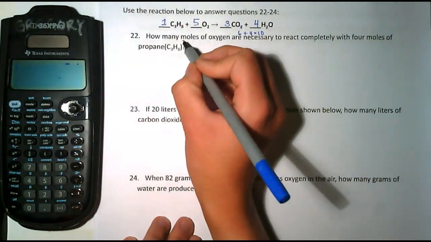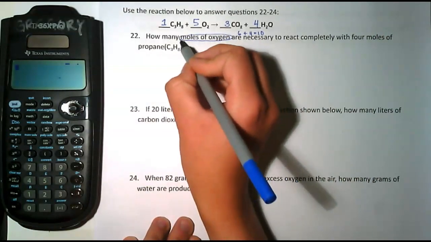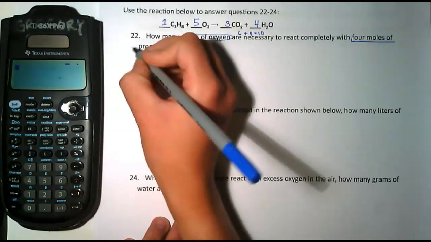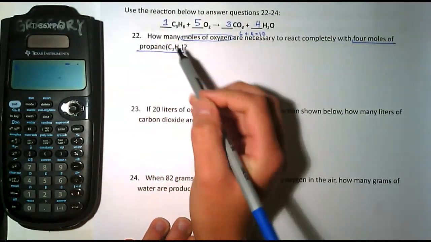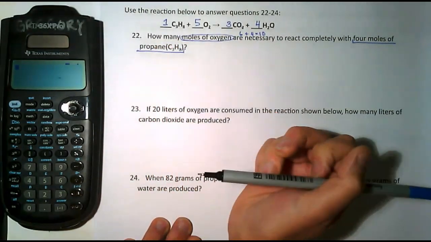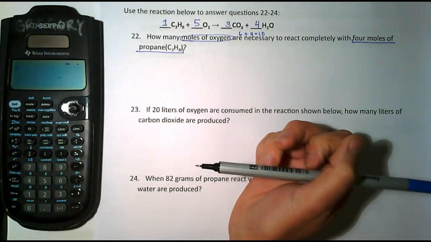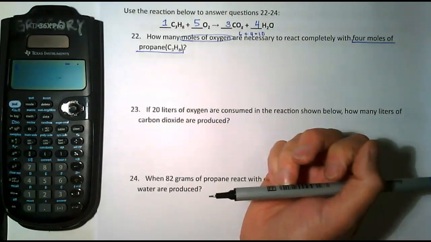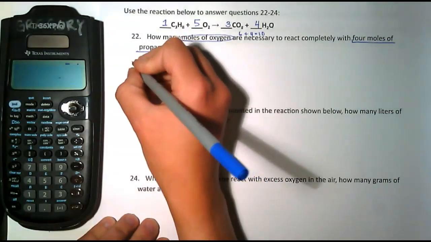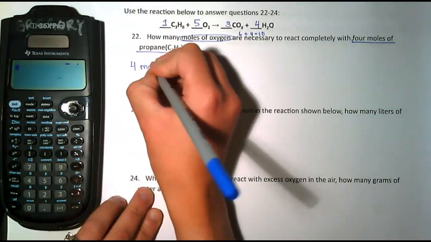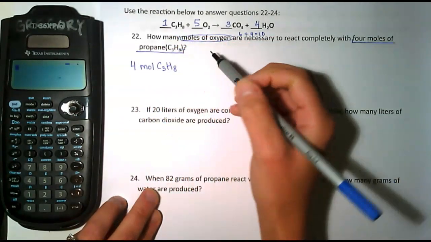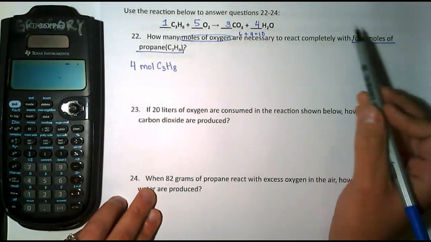It says how many moles of oxygen are necessary to react completely with 4 moles of propane, and it tells us that propane is C3H8. So that is not a substance name that you would be expected to know just yet. So we're going to start with 4 moles of propane, which is C3H8. And then we're going from moles of one thing to moles of another.